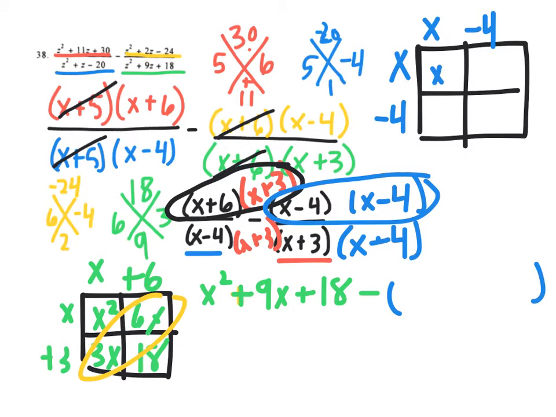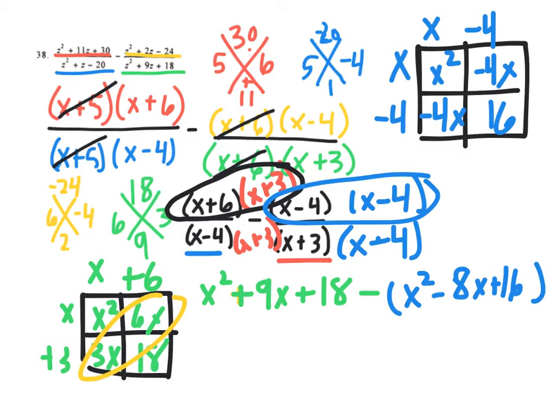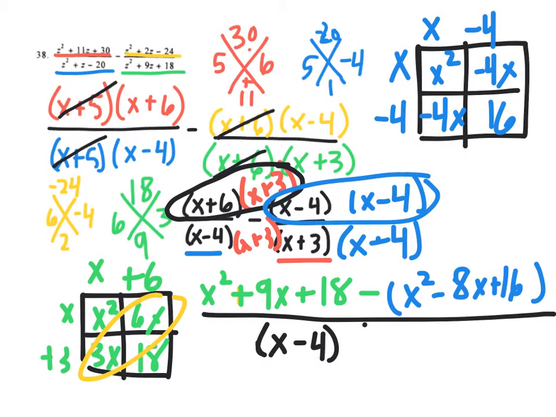I get x squared, negative 4x, negative 4x, and 16. So that's really x squared minus 8x plus 16. And all of that is divided by x minus 4 times x plus 3.